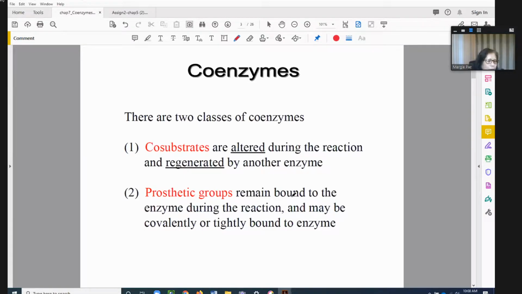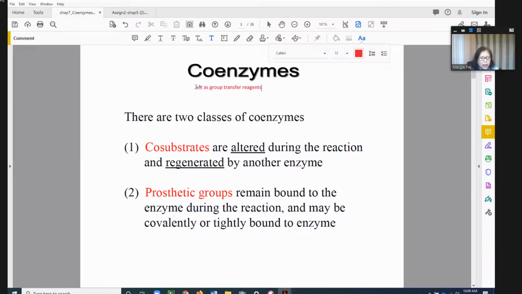When we say that coenzymes act as group transfer reagents, the coenzyme can transfer hydrogen, electrons, and other groups, okay? Those are the groups that can be transferred.